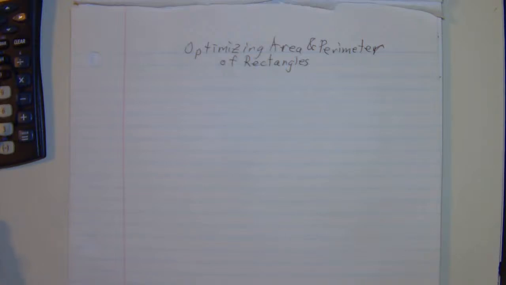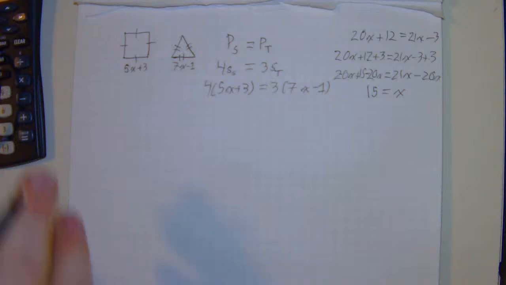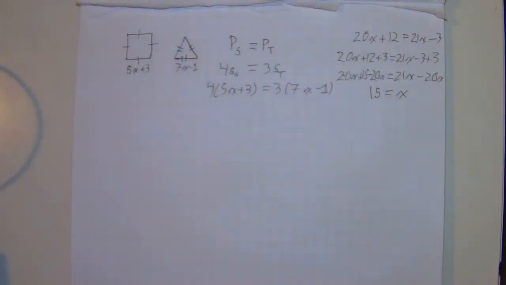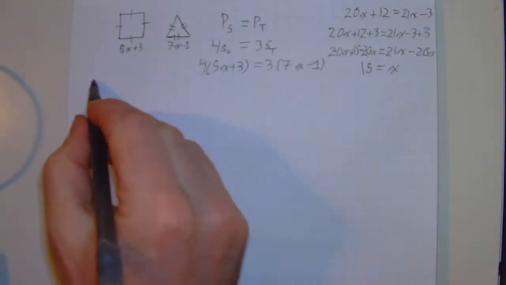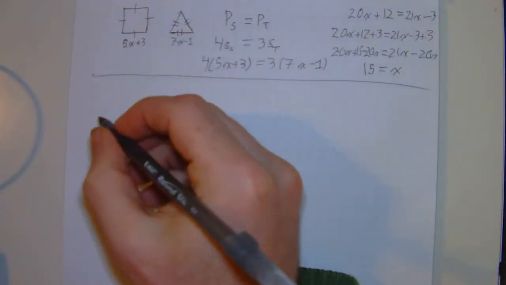Part 1A: on a piece of paper, sketch and label all possible gardens of perimeter 24 meters whose side lengths are all integers. So we're just going to use whole number side lengths for this. It turns out that what we figure out during this lesson applies regardless of whether you're using whole numbers, but for our purposes and to speed things up, we're just going to look at whole numbers.